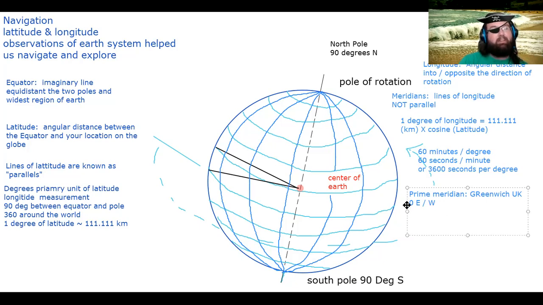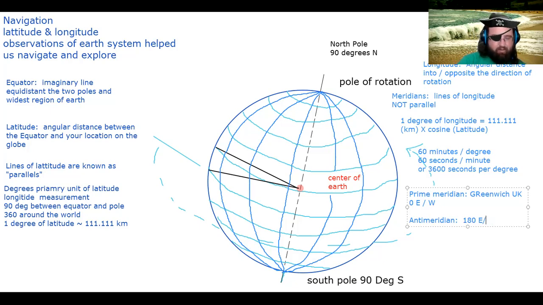Now, of course, you need to have a second standard point. We call that the anti-meridian. This is 180 degrees east/west, and it runs roughly through the Pacific Ocean. It actually cuts through the easternmost tip of Russia, and cuts through a bit of Antarctica, but otherwise manages to not cut across too much in the way of land, except I think one island out in the middle of the Pacific Ocean.